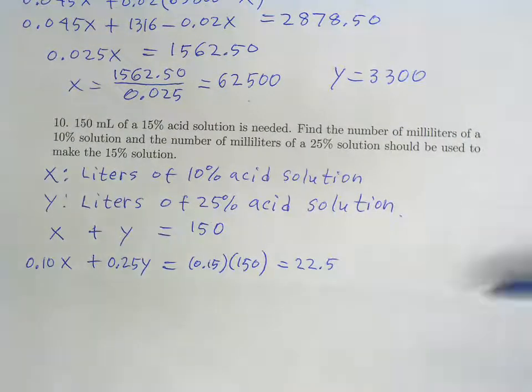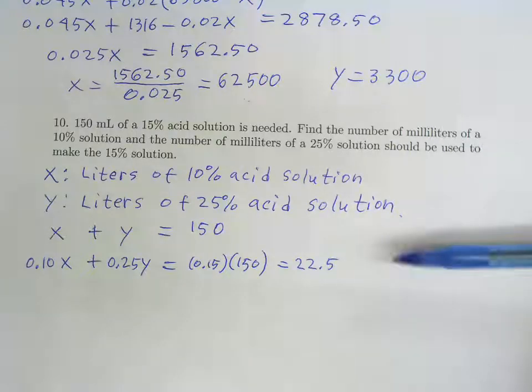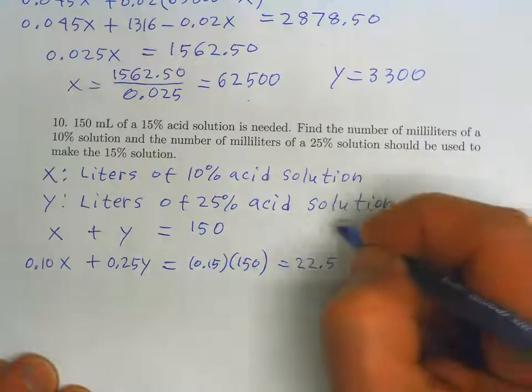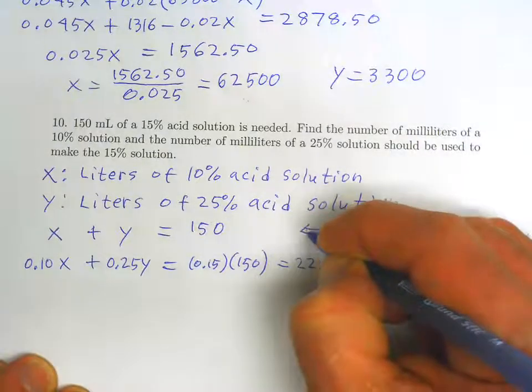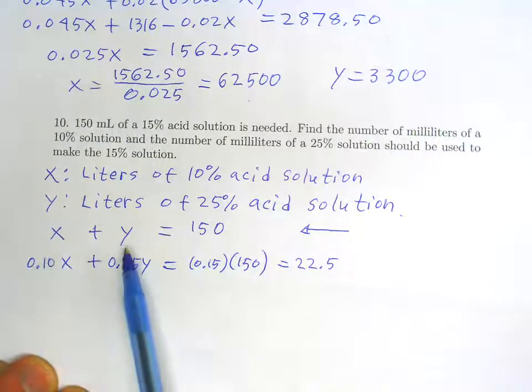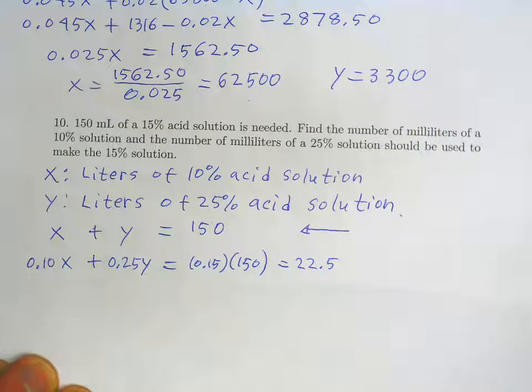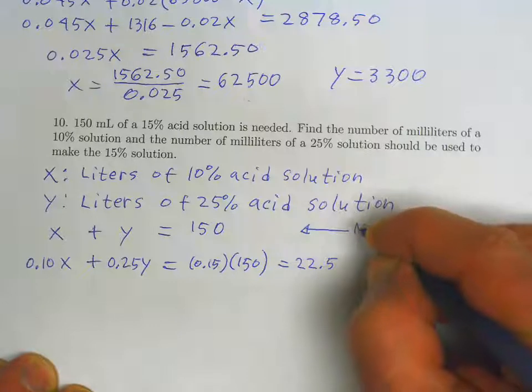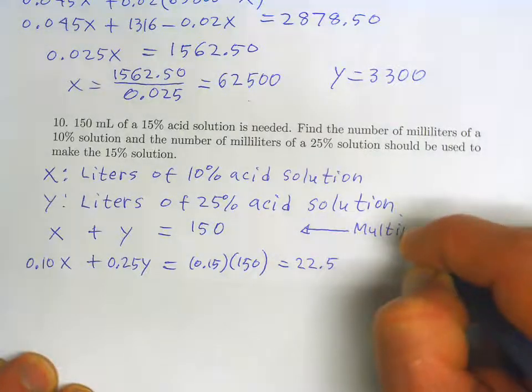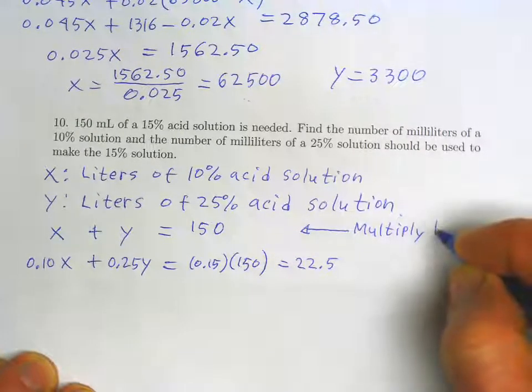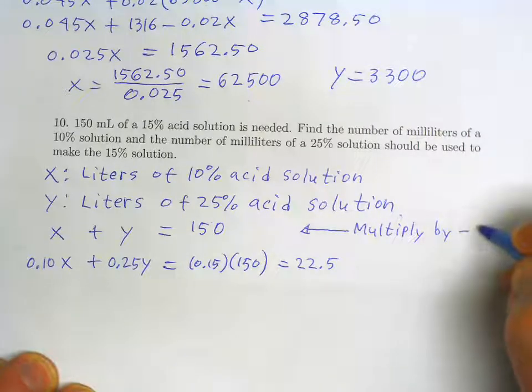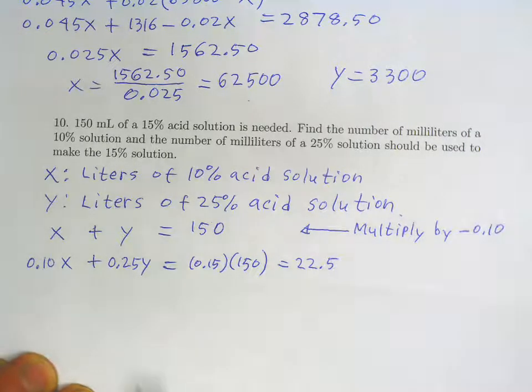Okay, so we want to solve this system of two equations. This time I'll use the elimination method. So I'm going to multiply every term on both sides of the top equation by negative 0.10. So I'll just make a note of that, multiply by negative 0.10, every term on both sides.